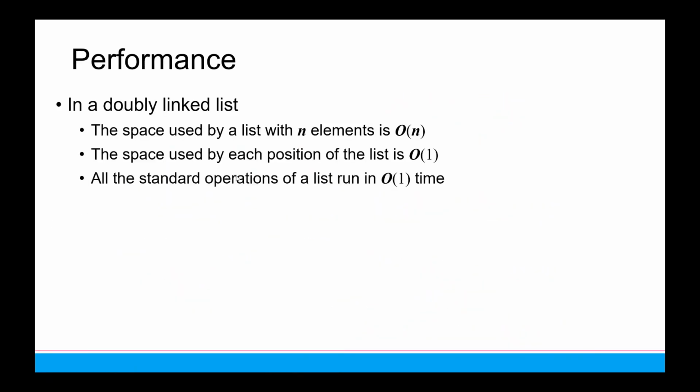The performance of this doubly linked list in the space aspect is O(n), and for each position in the list it is O(1), and for all the standard operations, for example insertion and deletion, it is O(1).